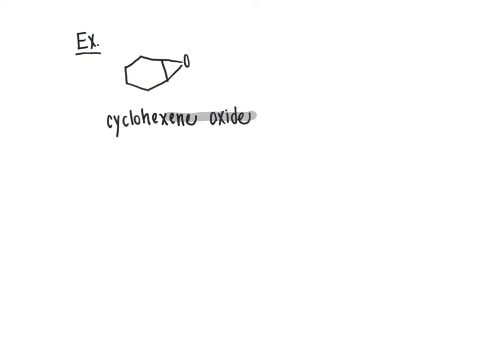We'll do one additional example here just to finalize this concept, drawing out my epoxide here. So for this particular epoxide, if we were coming up with a common name for this, thinking about the name of the alkene that would correspond to this, we'll make our 4 carbons of the chain inward like this to 5, 6, 7, 8.